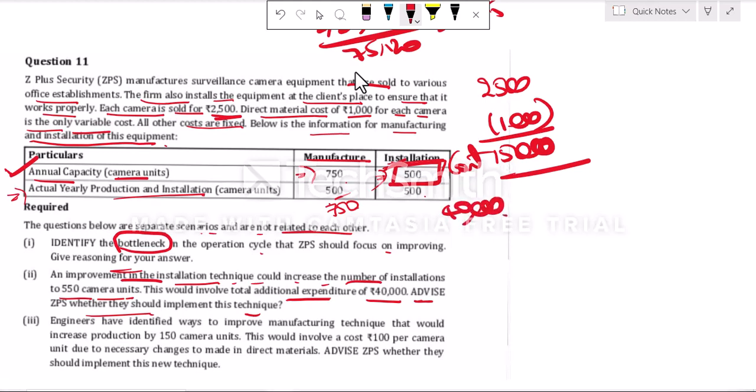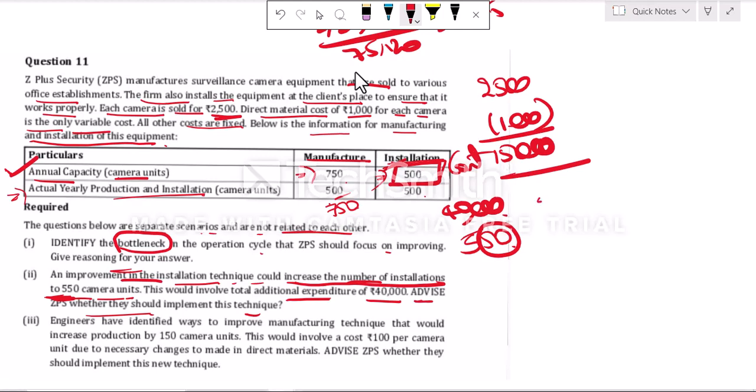Then they can install 550 units, which means from 500 to 550, only 50 units will be the extra installation capacity if they incur 40,000 of annual expenditure.